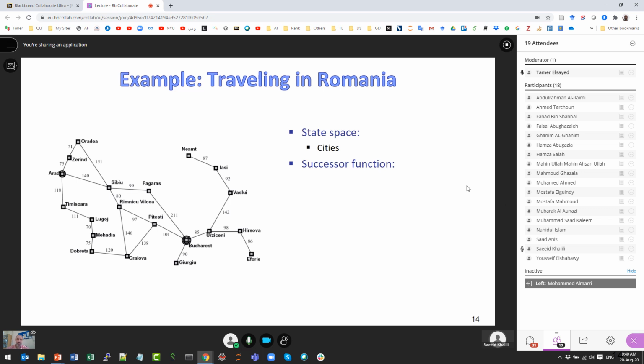So what could be a successor function here? Any idea? Any guess? What is the definition? What should a successor function be? What does it do? Any idea, Saeed?